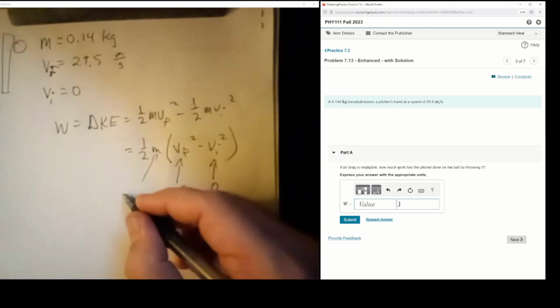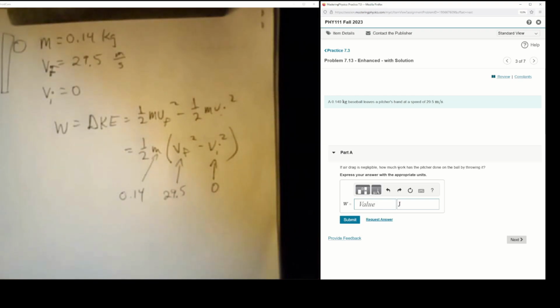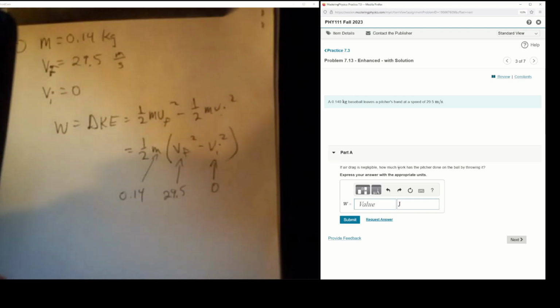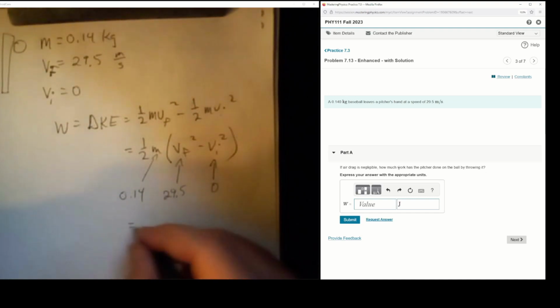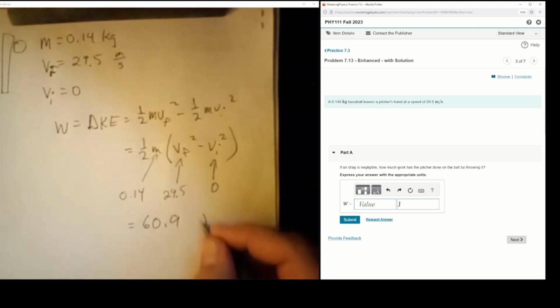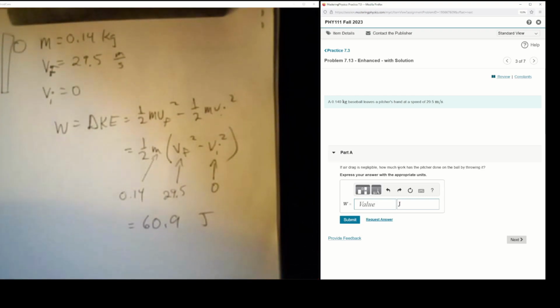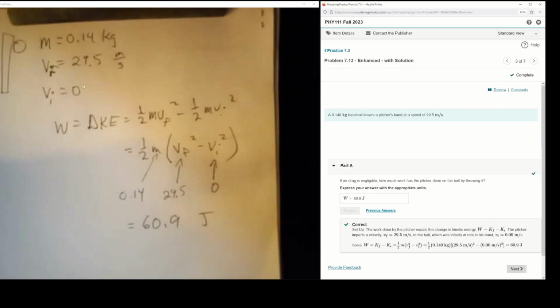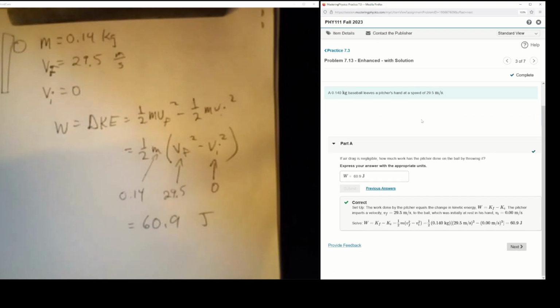And they're also telling us the mass 0.14. And that answer is 60.9 joules. So that's how much energy the pitcher had to expend to give the ball that velocity. We'll check out the next one.